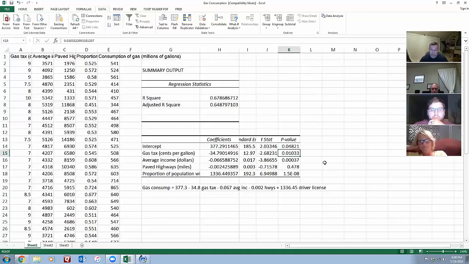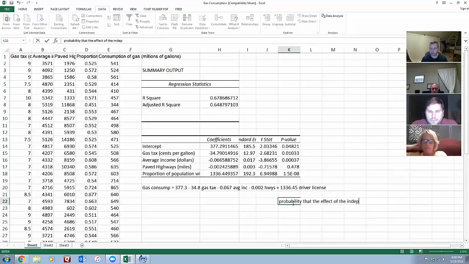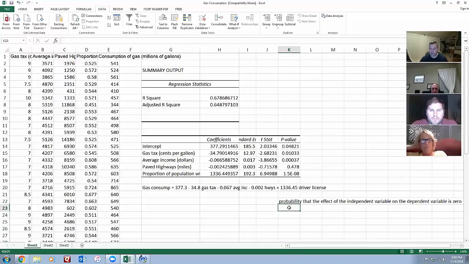The quickest way of figuring it out is looking at the p-values. Because the p-value is the probability that the effect of the independent variable on the dependent variable is 0. So the p-value tells you the probability that the effect of the particular independent variable on the dependent variable is 0.